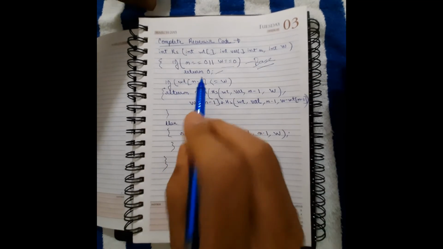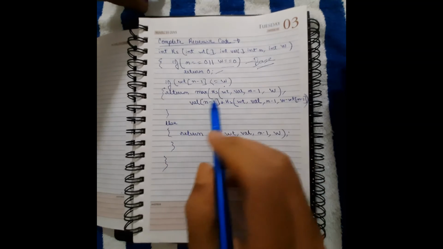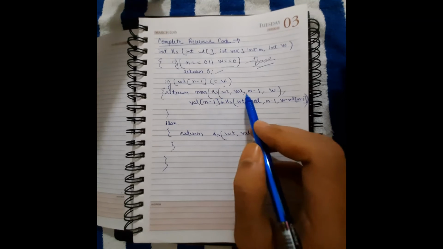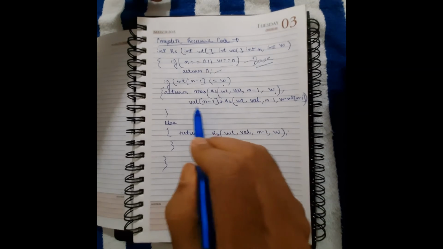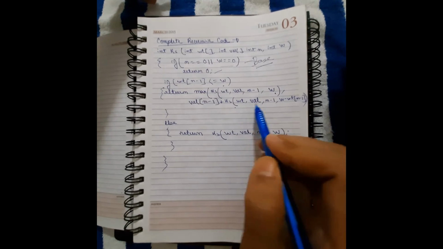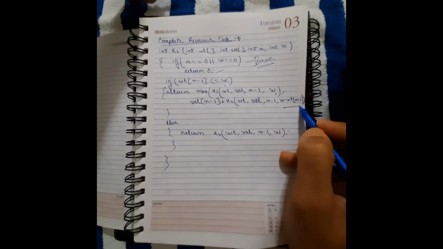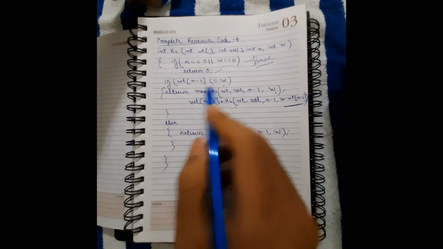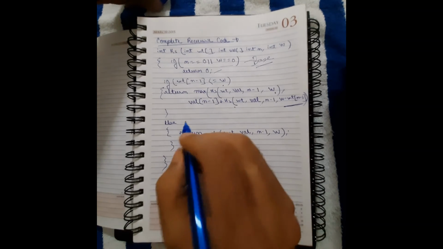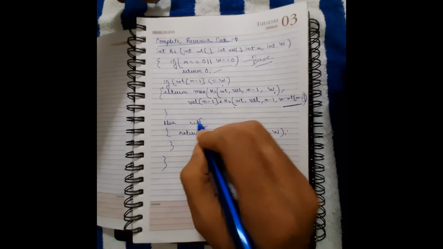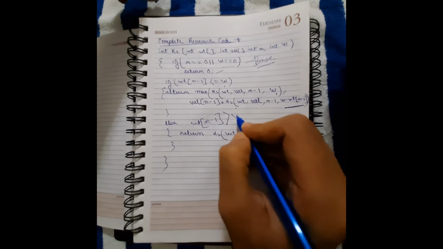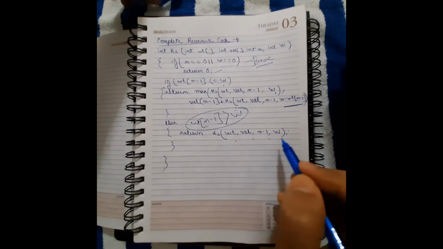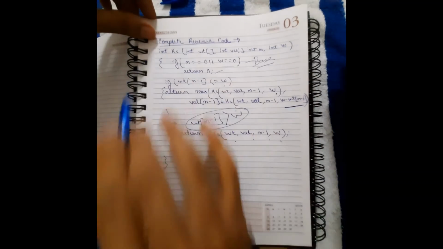And if weight[n minus 1] is less than or equal to w, we return the maximum of knapsack(weight, val, n minus 1, w) and val[n minus 1] plus knapsack(weight, val, n minus 1, w minus weight[n minus 1]). And in the other case, when weight[n minus 1] is greater than w, we return knapsack(weight, val, n minus 1, w). So this is the recursive solution.